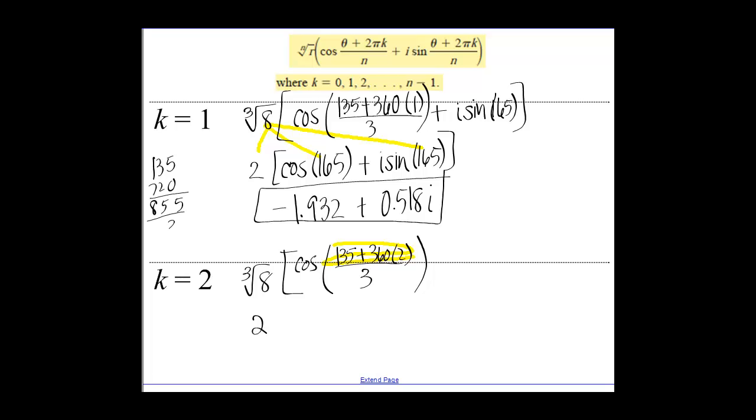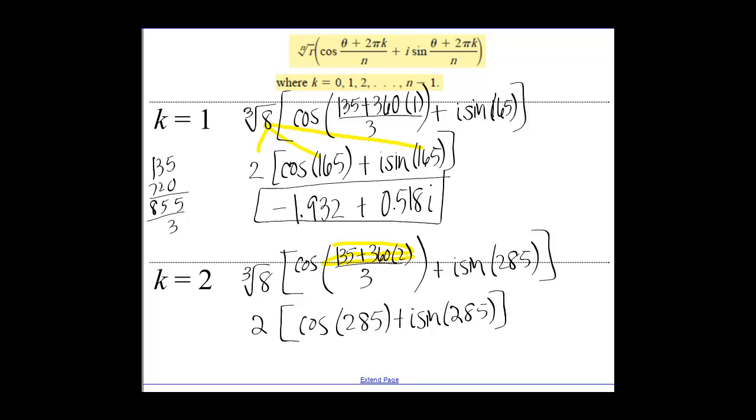Divide that by 3, and I get 285 degrees. Close bracket. So we've got 2 times the quantity of cosine of 285 degrees plus i sine of 285 degrees.